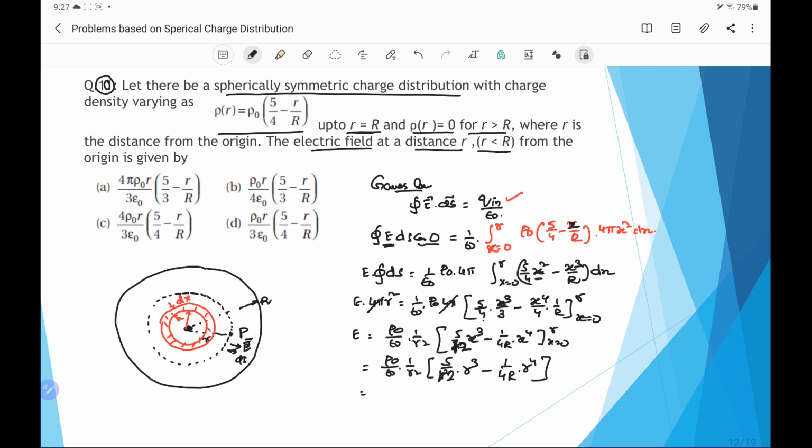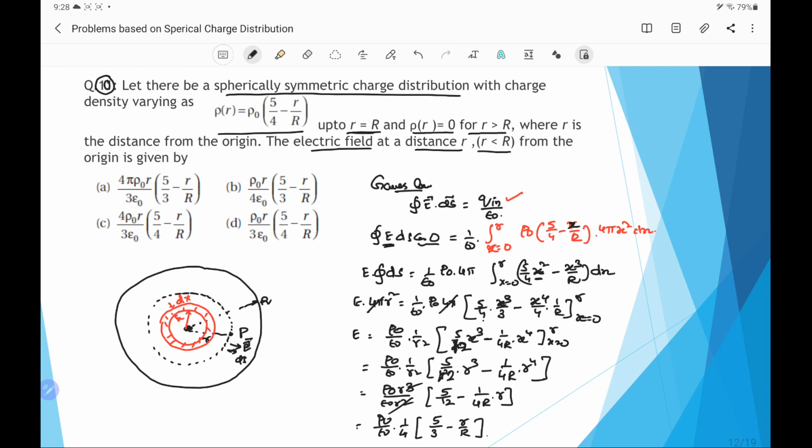This r square will also get cancelled because r cube is taken out, so it will give rho naught r cube by epsilon naught r square, and then the r square gets cancelled, and the remaining is 5 by 12 minus 1 by 4R into r. This is equal to rho naught by epsilon naught, and 4 is also common, so it is taken out, and the remaining is 5 by 3 minus r by capital R.